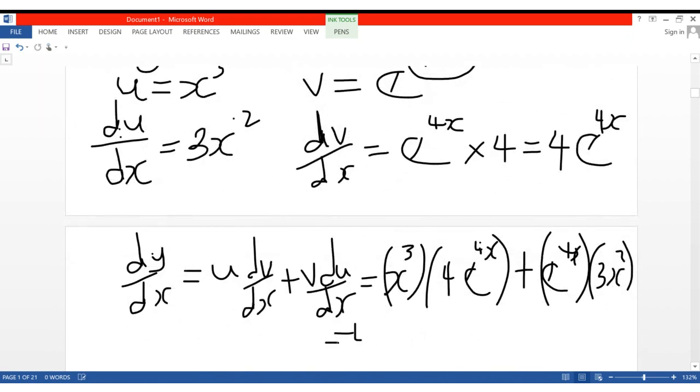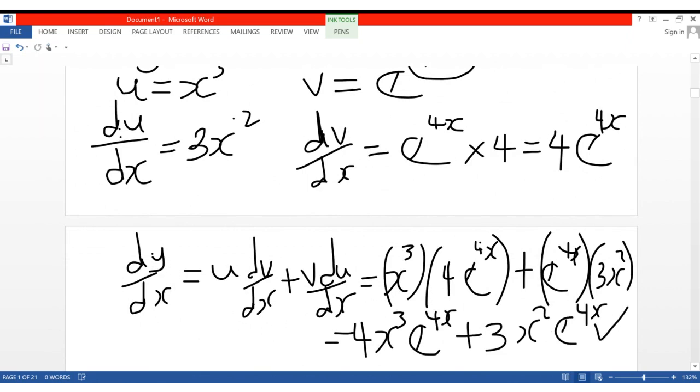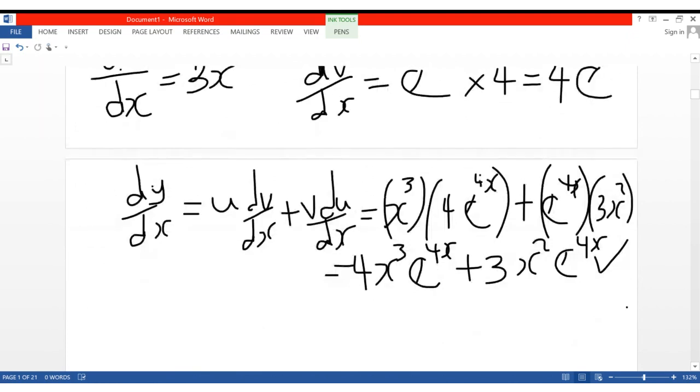So I'll have 4 x to the power 3 exponential 4x plus 3 x squared exponential 4x. So as long as you bring the constant in front, I don't have a problem. You can write it like that, or you can still write it as 4 exponential 4x x to the power 3. I don't have a problem with this one, even like this.